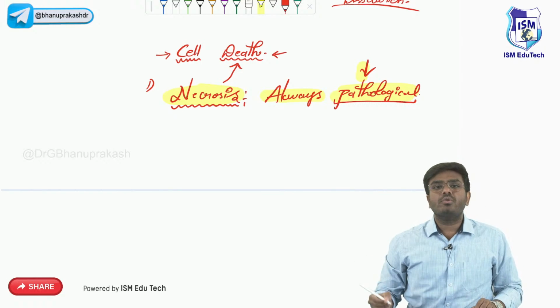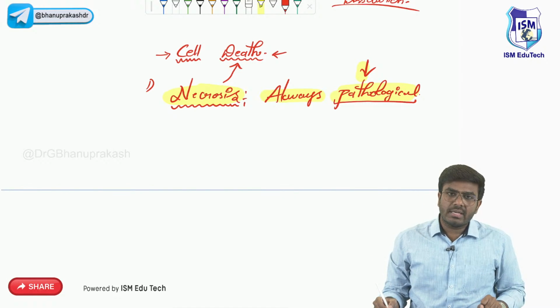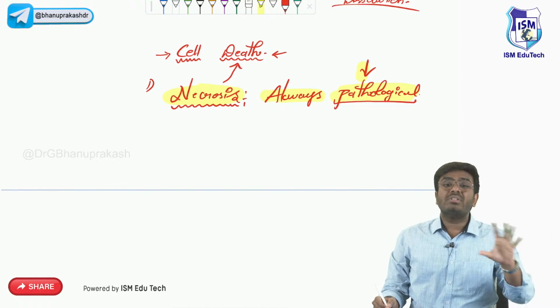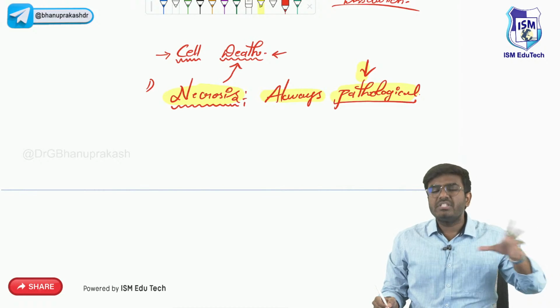Now comes the question: how many types of necrosis are there? Necrosis is not one type. It is a type of cell death which includes different types.